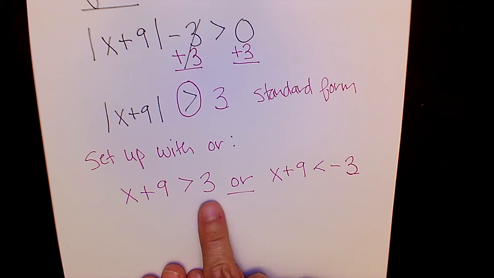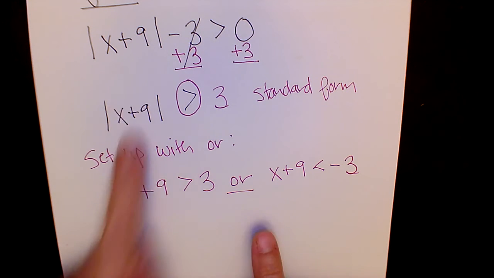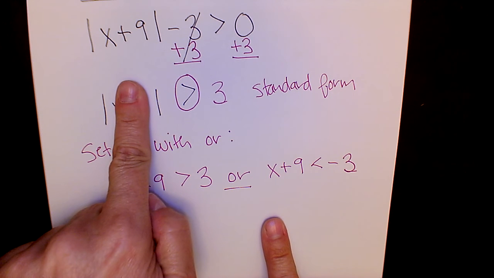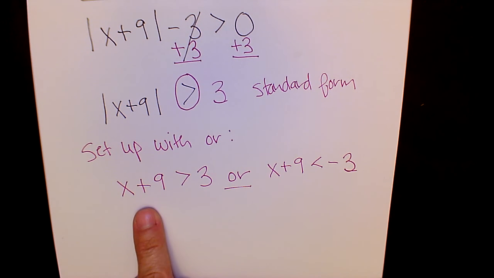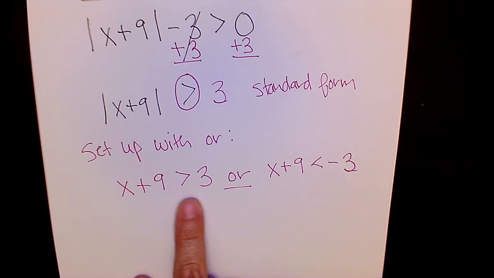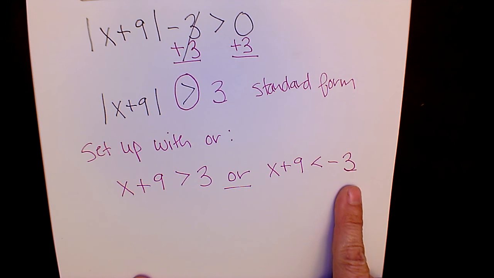So I'm going to flip this. Because remember, inside the absolute value it can be a positive or a negative, but it's always going to come out positive. But we have to show what's going on on the inside. So it can be greater than 3 or less than negative 3.